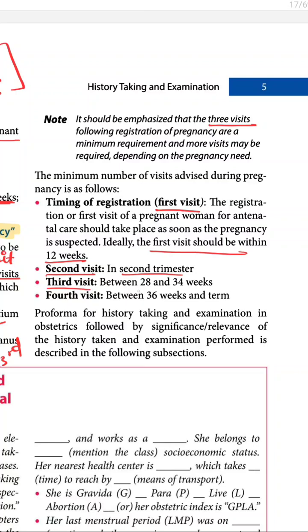Third visit between 28 to 34 weeks. Fourth visit between 36 weeks to term. So 36 weeks to term, one visit, and 28 to 34 weeks, one visit.